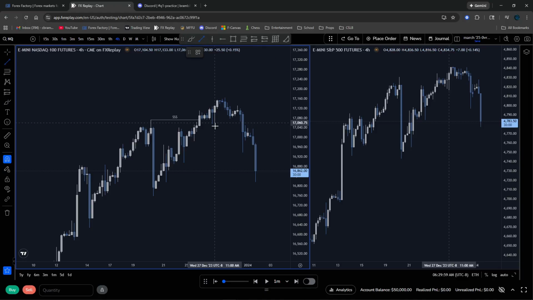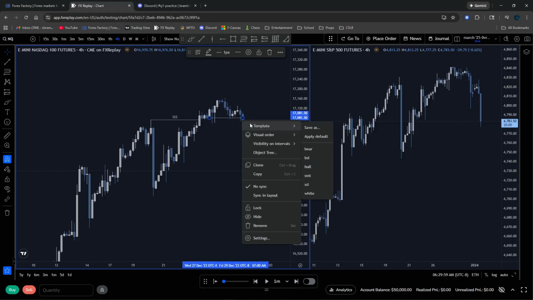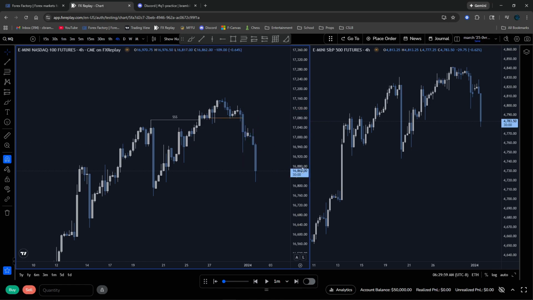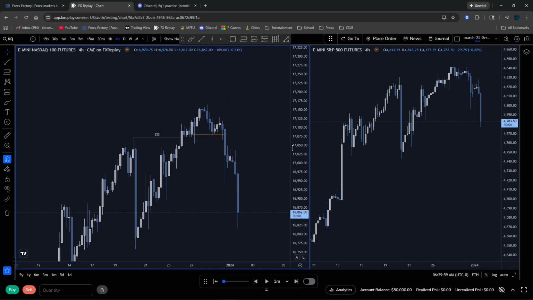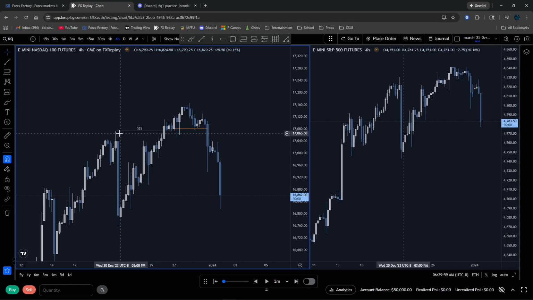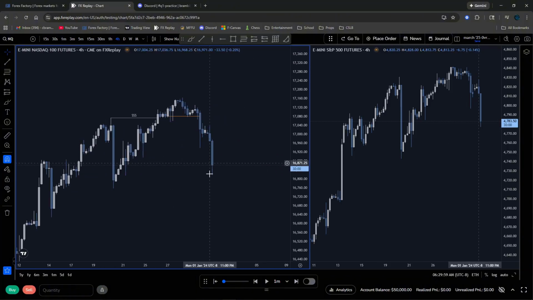So what is this? A change in state delivery on the higher time frame. Now this is pretty massive, right? This is telling us that after this sweep of the previous week's high, price is starting to trend lower with displacement, right?